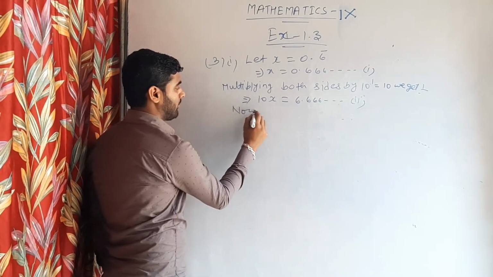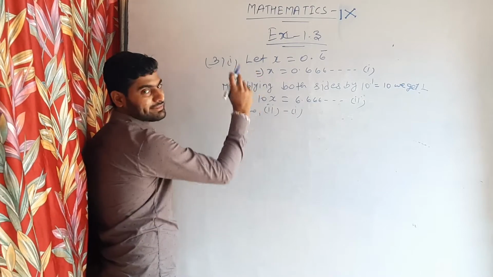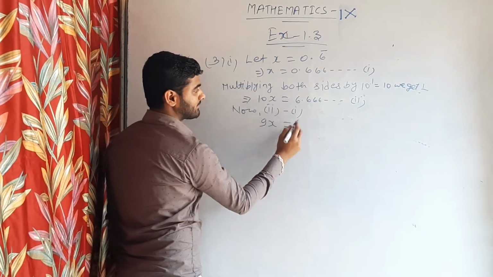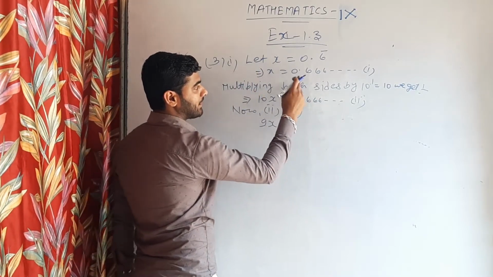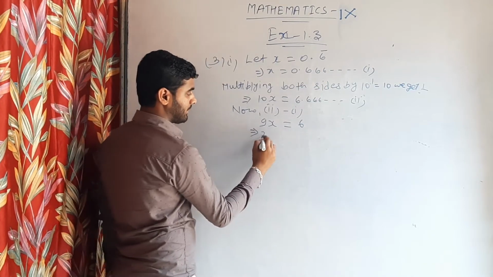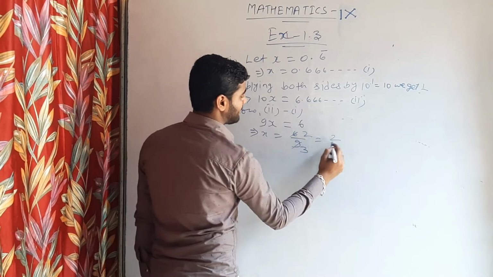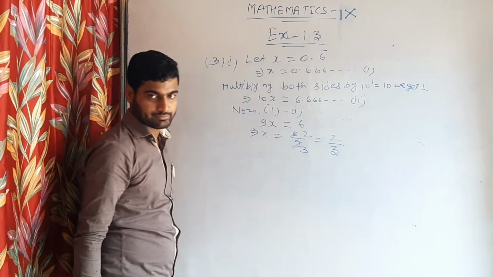Now second minus first: 10x minus x is equal to 9x, and 6.666 minus 0.666 is equal to 6. x is equal to 6 by 9, which is equal to 2 by 3.